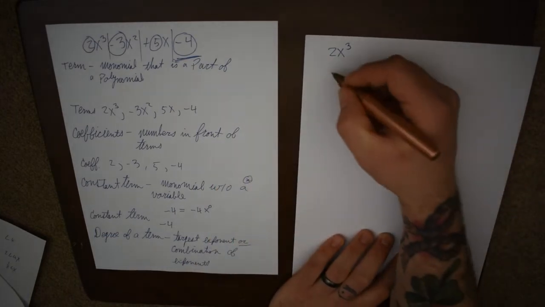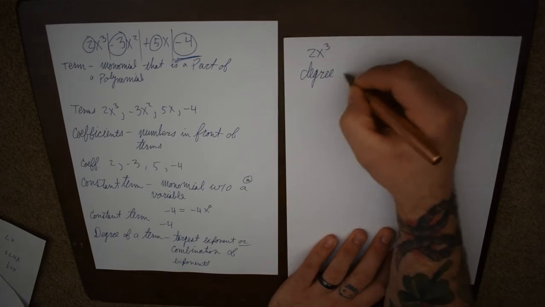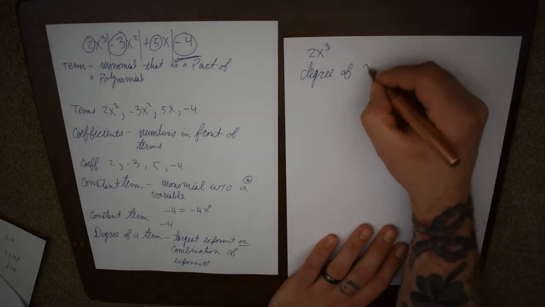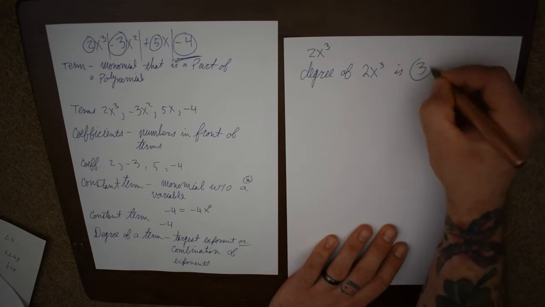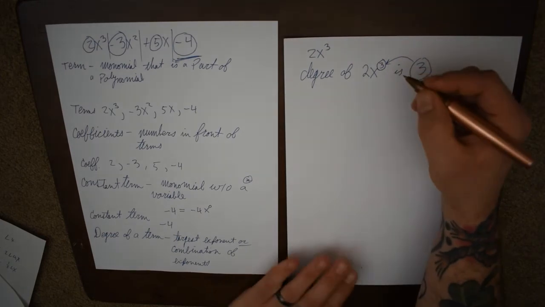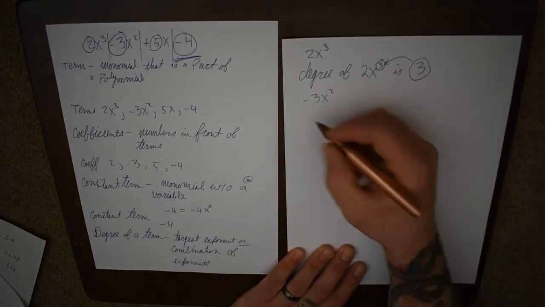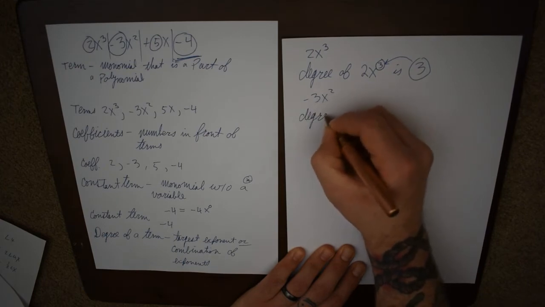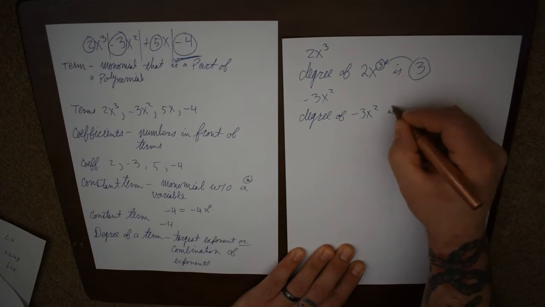Our first term is 2x cubed, and the largest exponent in this term is 3. So we would say the degree of the monomial 2x cubed is 3. The next term, if we had negative 3x squared, well, the degree of negative 3x squared is 2.